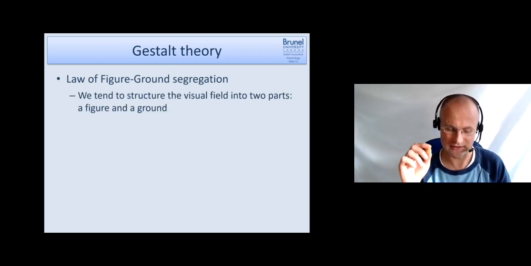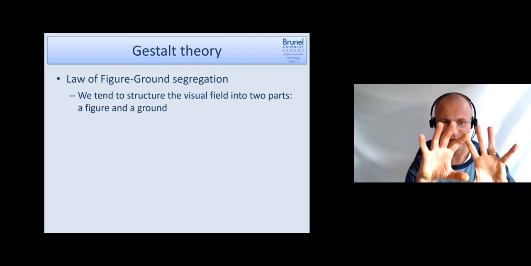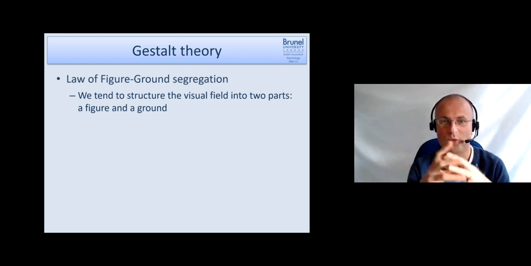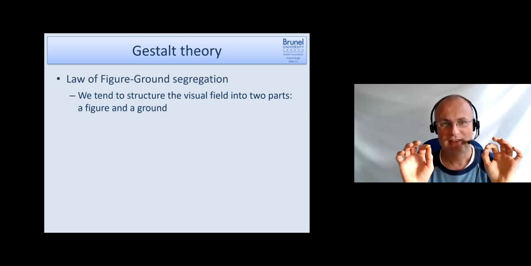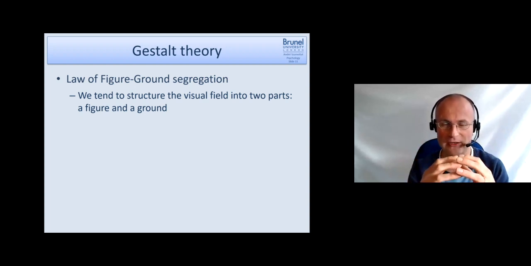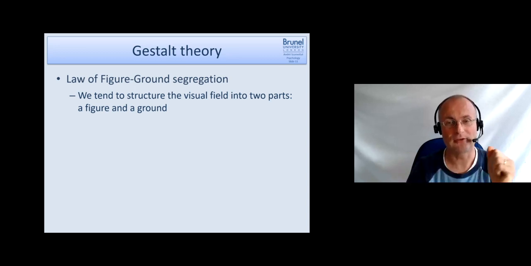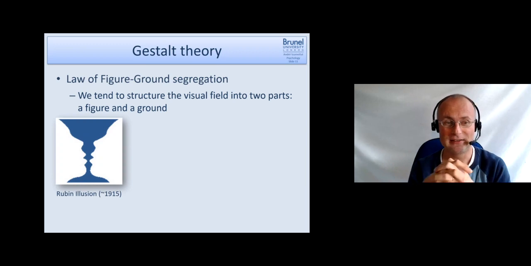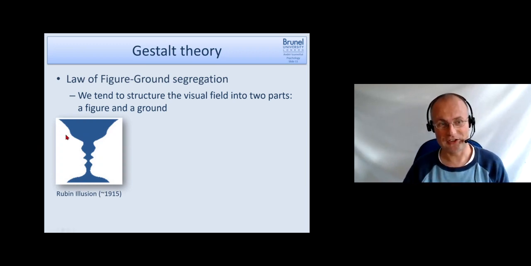And this tells you that when we have a visual field which we look at, or an image, we tend to structure it into two parts, a figure or foreground and a ground or background. This is, for example, the Rubin illusion, where you can see two faces with the forehead here and the nose and the lips.